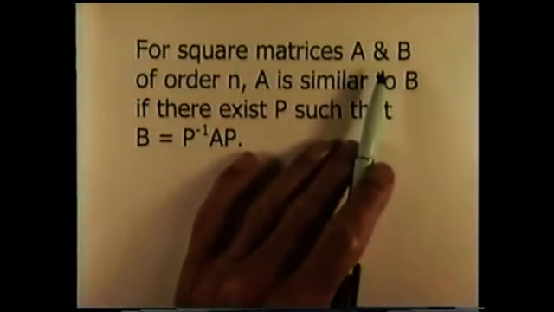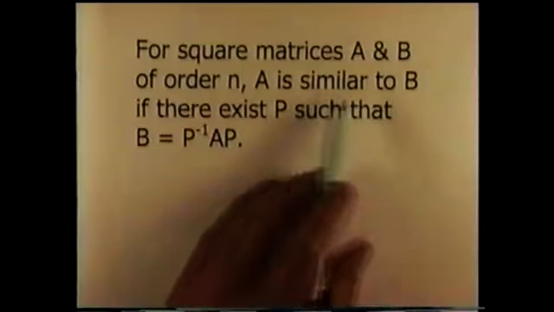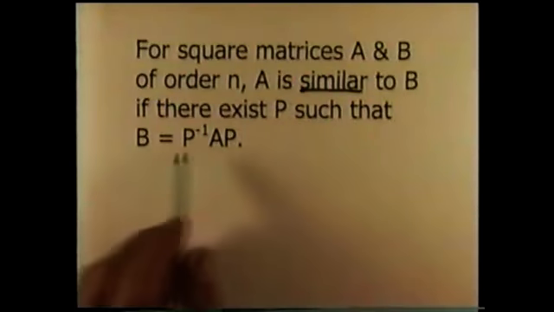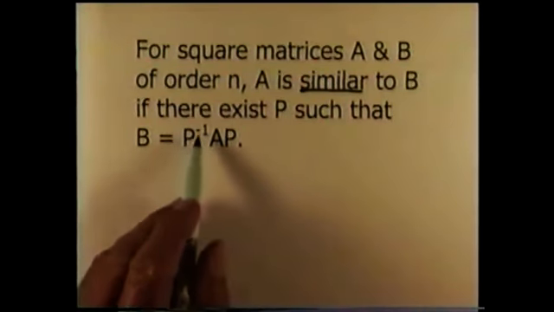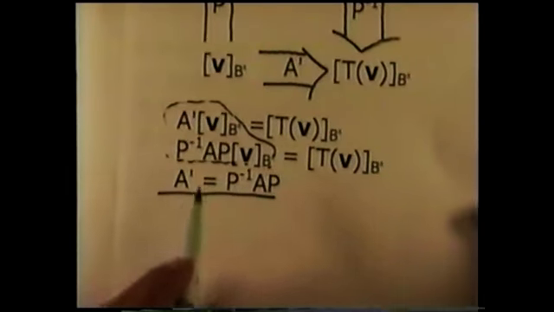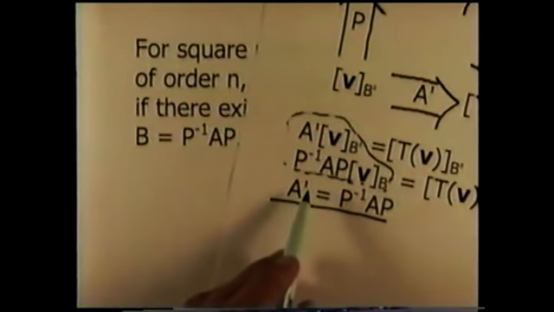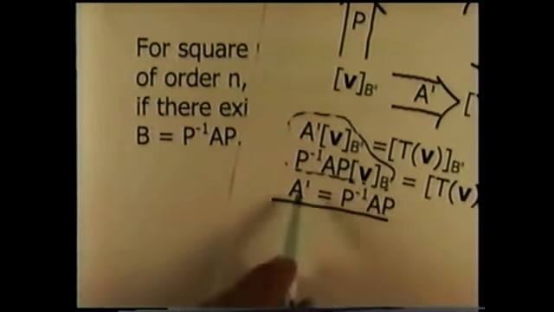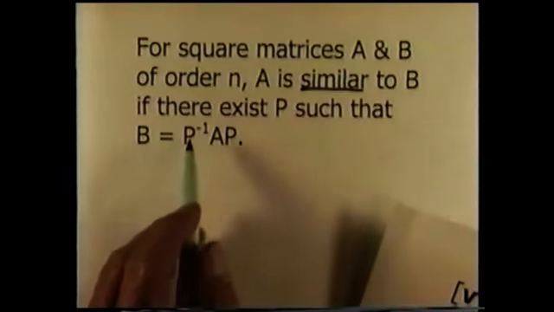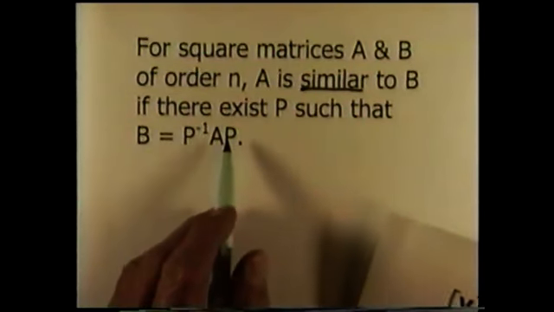For square matrices A and B of order n, A is similar to B, I'm defining similar, if there exists P such that B is equal to P inverse AP. So from the last statement, we can see that A prime is going to be similar to A. So this is the definition: A is similar to B if there exists P such that B is equal to P inverse AP.